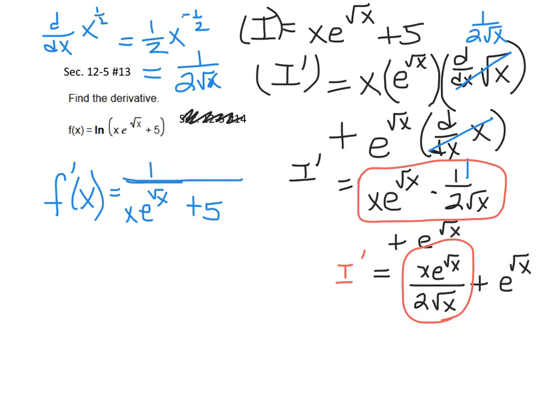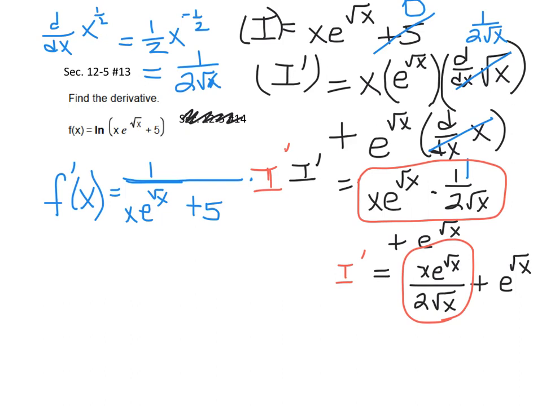And if you wonder what happened to the 5 in taking that derivative, you should remember that that derivative was a 0. And we're going to multiply that times I prime.